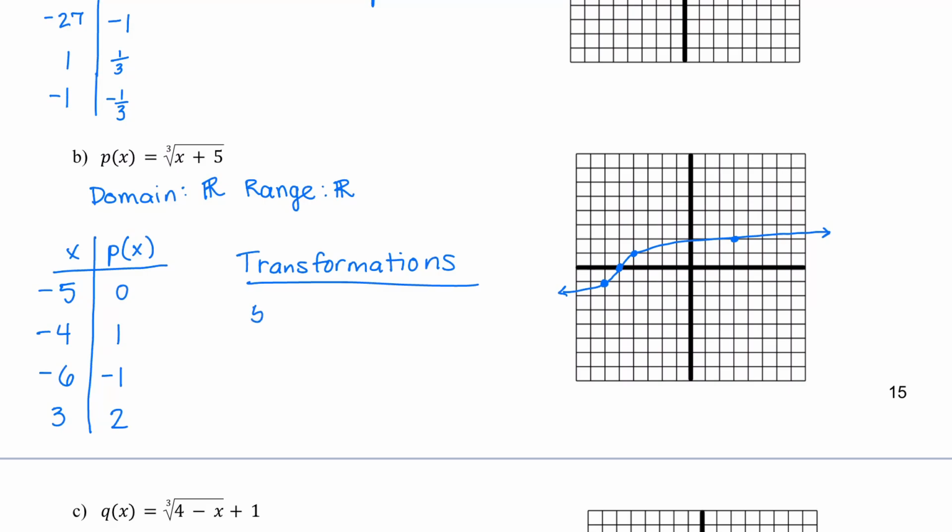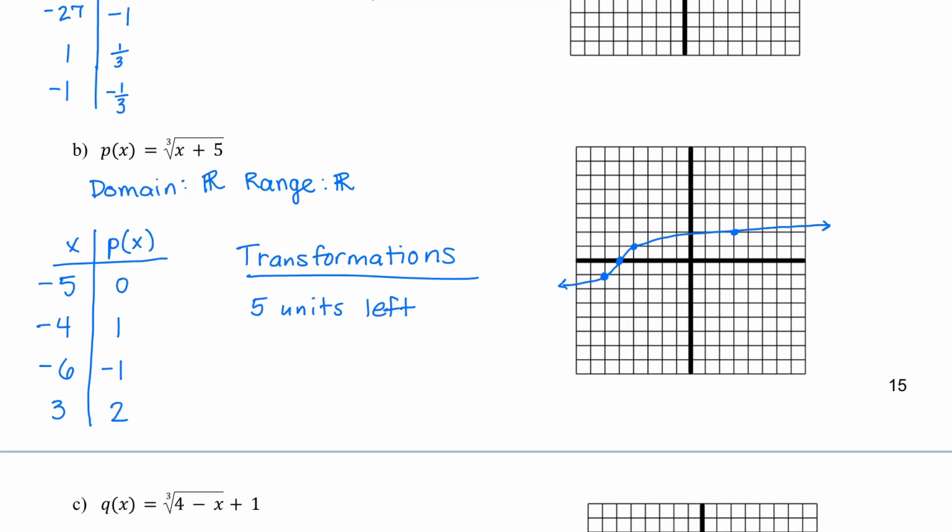So this is going to be 5 units left, because it looks like a plus 5, but h is actually -5. So we're going to shift 5 units left. And that's our only transformation for that one.